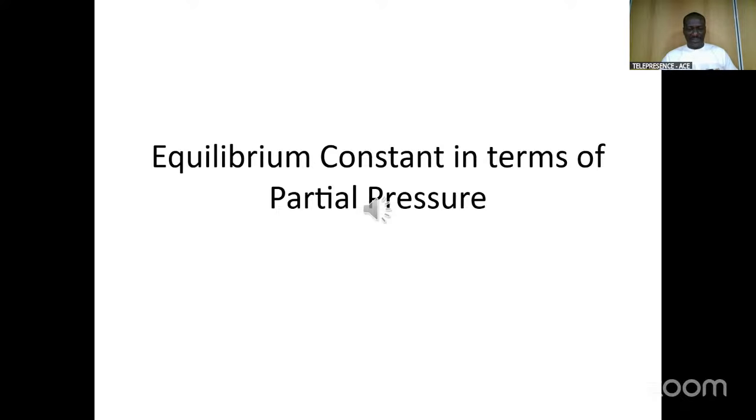gaseous species. It is much easier to determine the pressure of a gas than to determine the molar concentration.